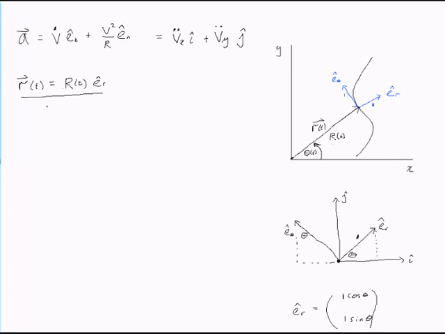Not only that, but we can also now differentiate both sides with respect to time to find our velocity. Remember that the velocity of our particle is just the derivative of the position of our particle with respect to time. So we know that our velocity vector, which is a function of time, I should add, is just going to be the derivative of our position vector with respect to time.